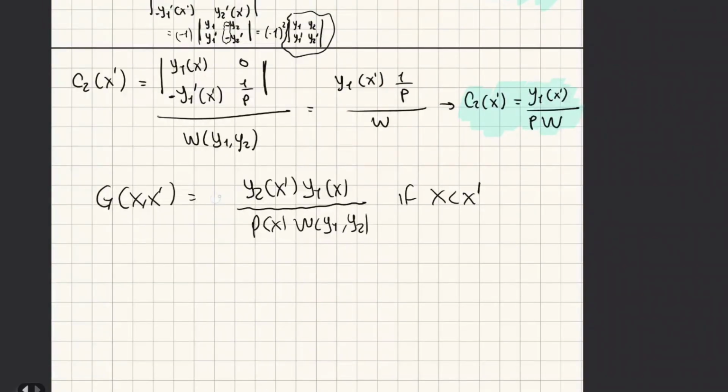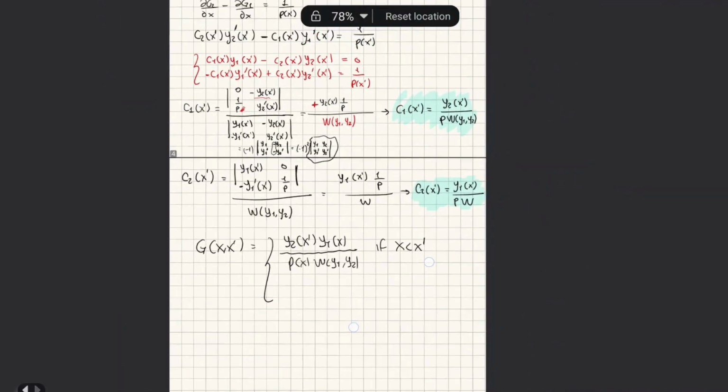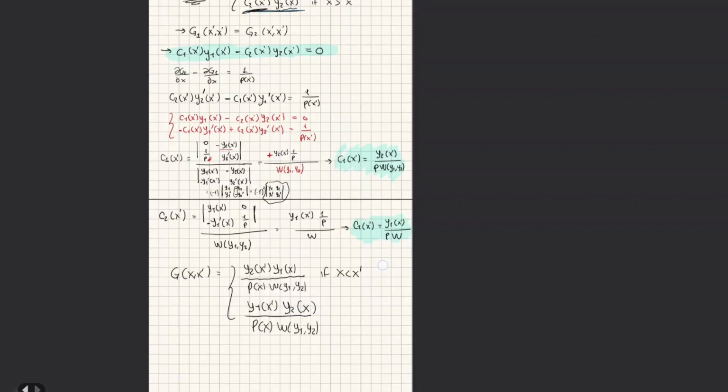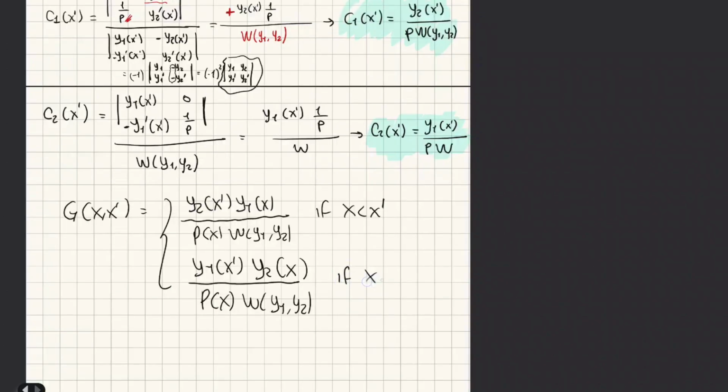Yeah, let me put some order here. And then the second piece will be c2 of x prime, which is y1 of x prime divided by p of x, W of y1 comma y2, and then this multiplies y2 of x. And this is if x is greater than x prime.